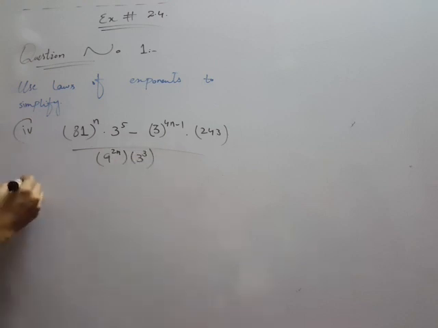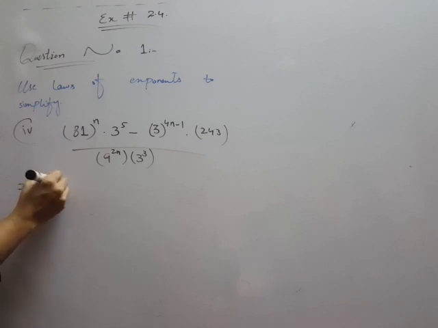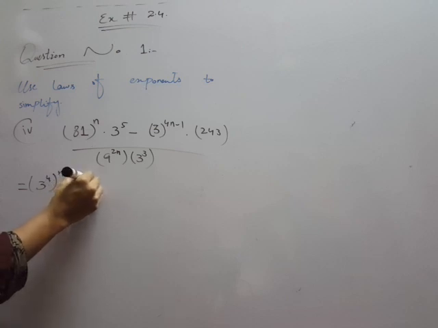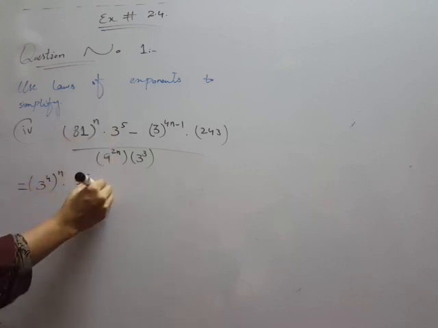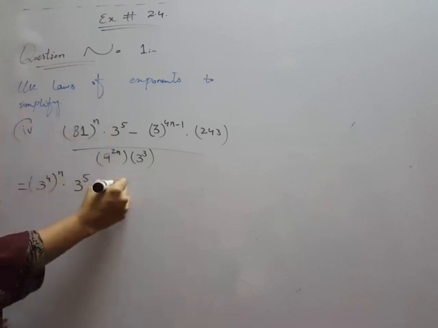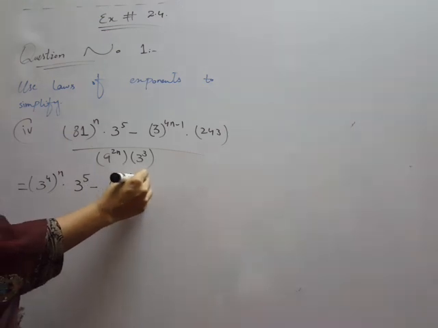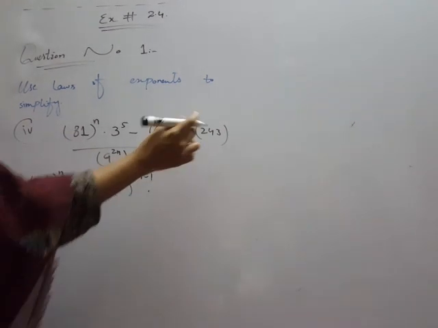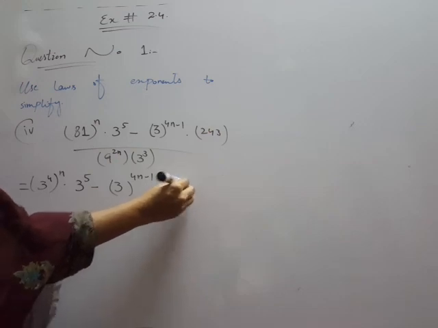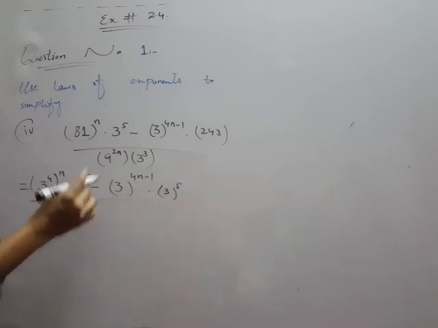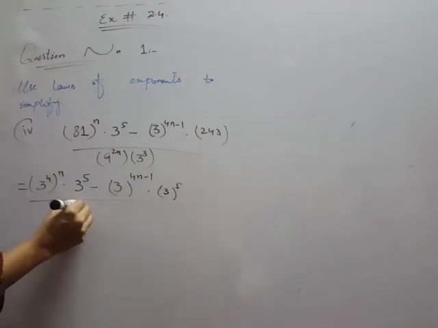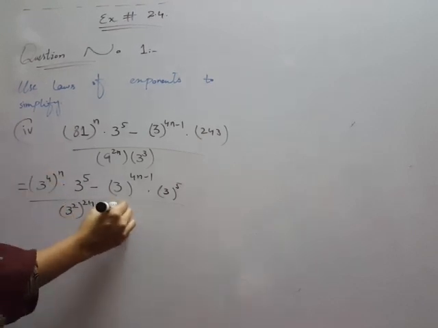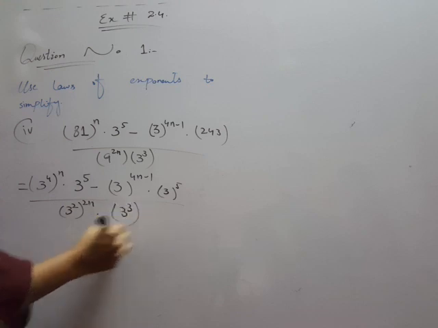Okay, so I know that 81 is equal to 3 raised to power 4 and whole power n, 3 raised to power 5, minus 3 raised to power 4n minus 1, and this is 3 raised to power 5, divided by, this is 9 and I can write it 3 square and whole power 2n, and this is 3 cube.